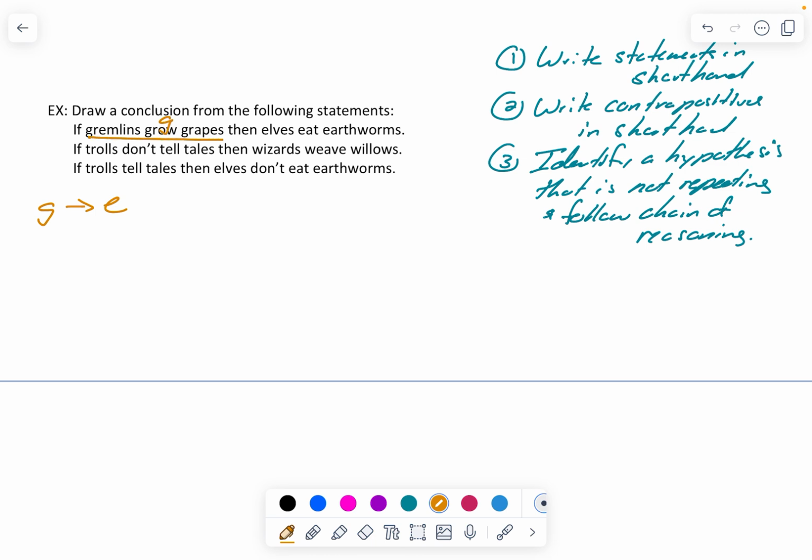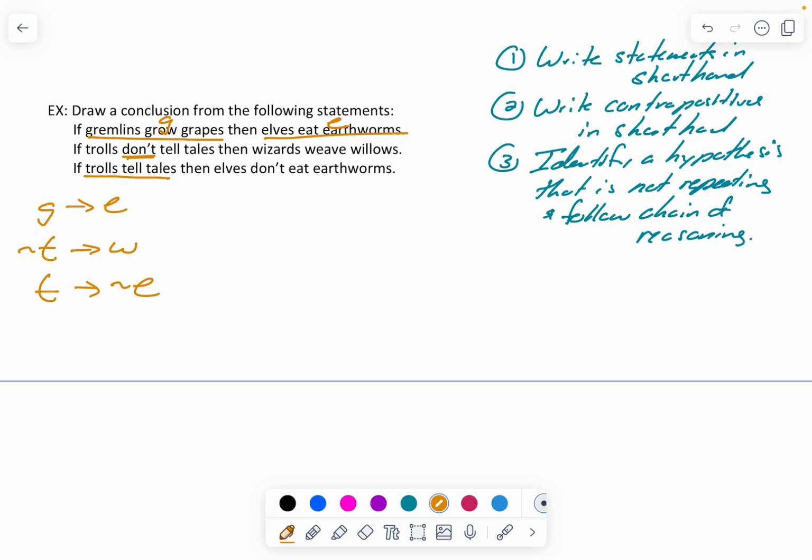Gremlins grow grapes, that's our G. Elves eat earthworms, E. If trolls don't tell tales, okay, so notice it's do not, so not T, then wizards weave willows. So if it has a not or don't or something like that, then it's a negation, and we have to do a negation of that. The last one is, if trolls tell tales, so that would be T, then elves don't eat earthworms, so that would be not E.